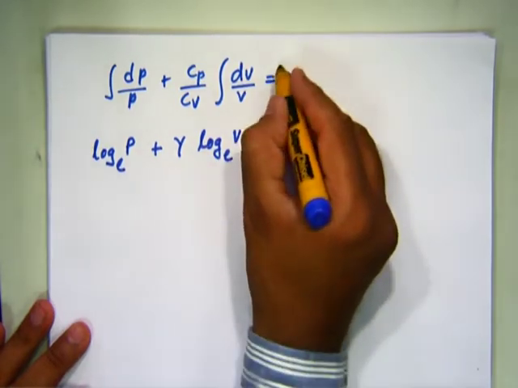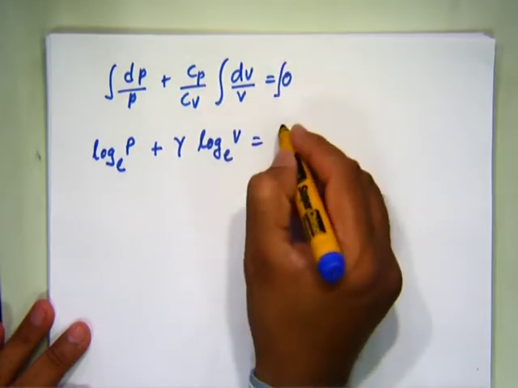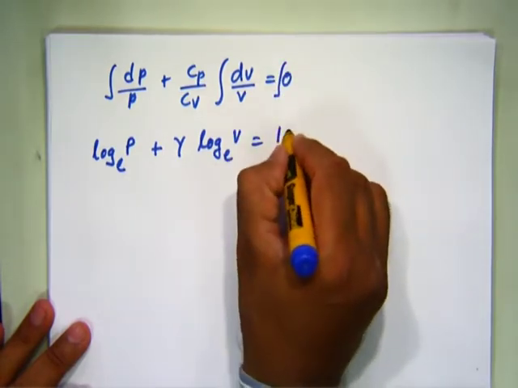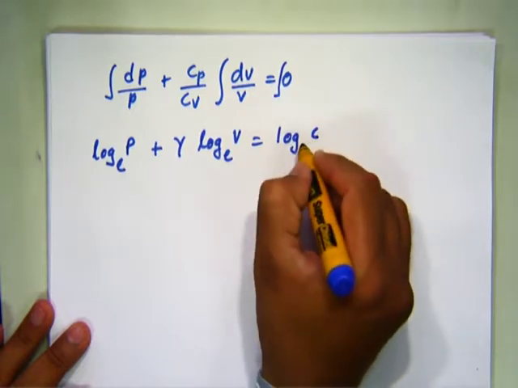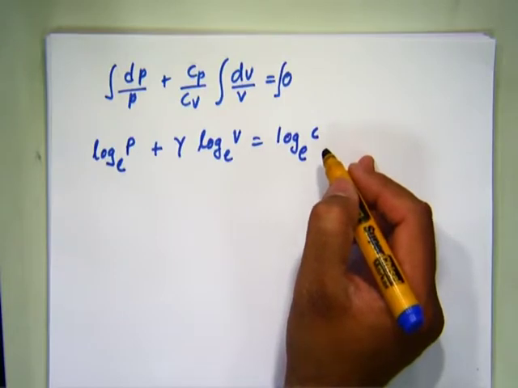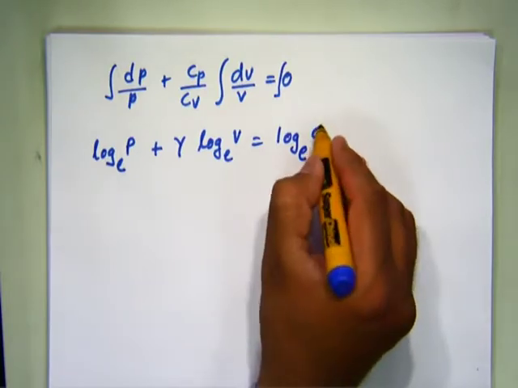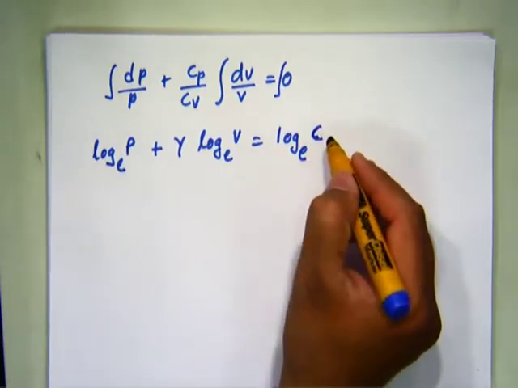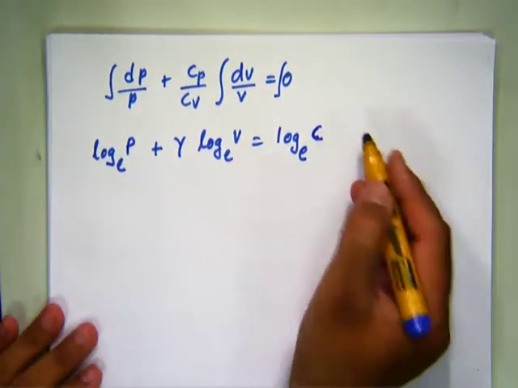Integration of 0 gives you the constant, that is log C to the base e. This C is the constant.